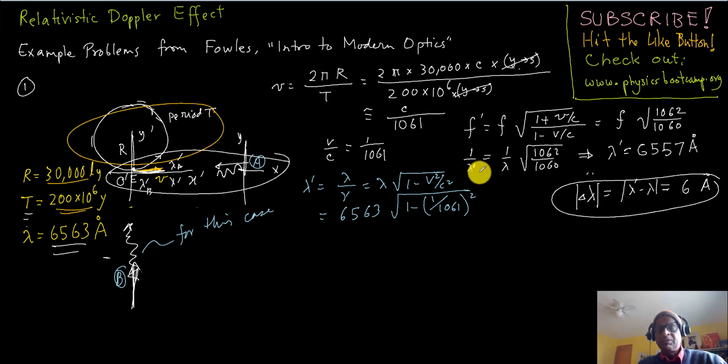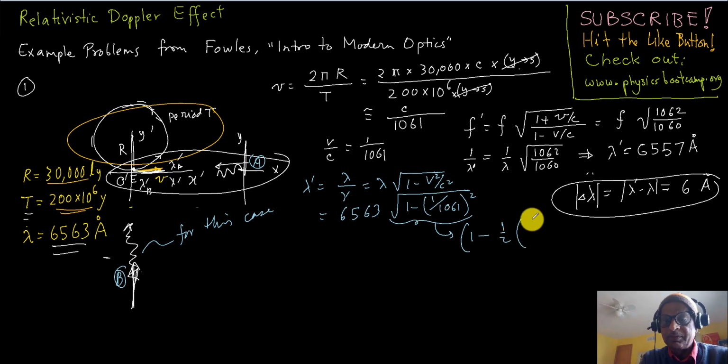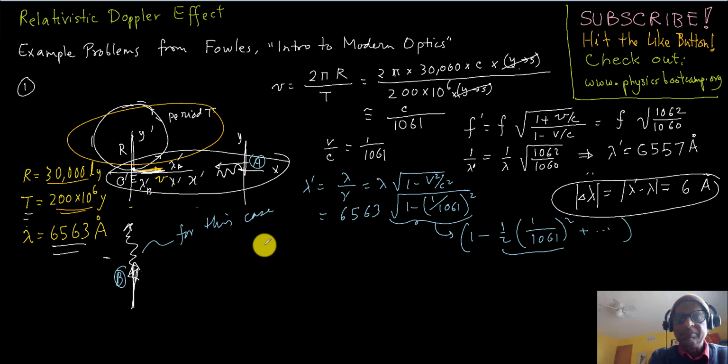Now this kind of calculation, you can see your calculator may actually not work very well. Because this is very small, we can do an expansion, because 1 minus half 1 over 10 to the 61 squared plus, and you can just keep that.